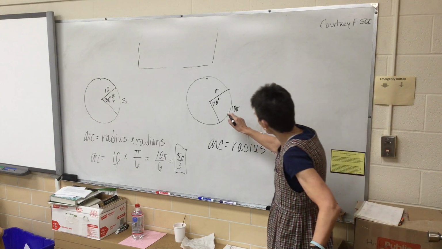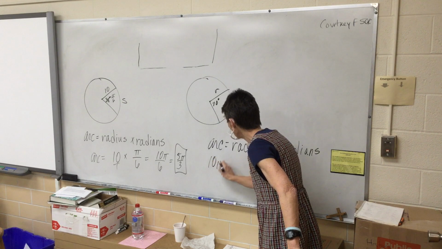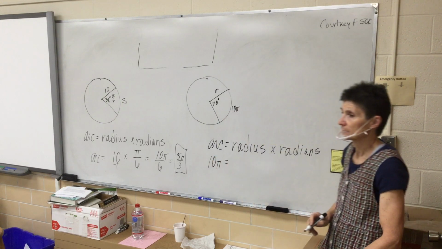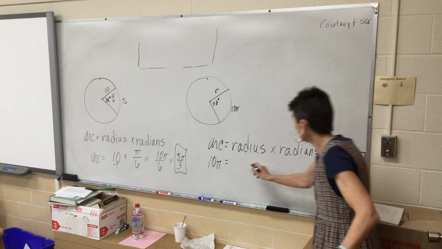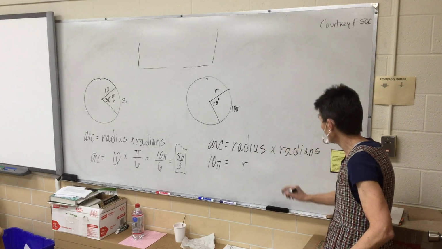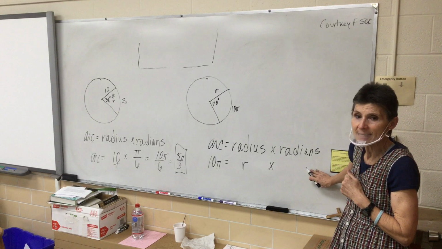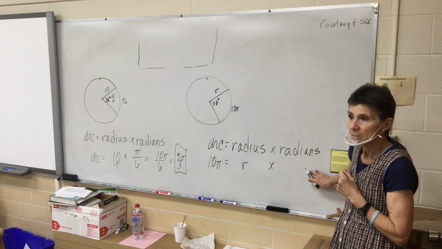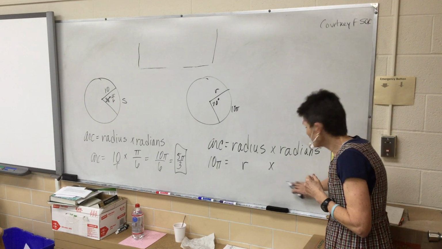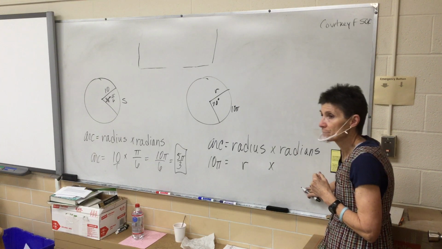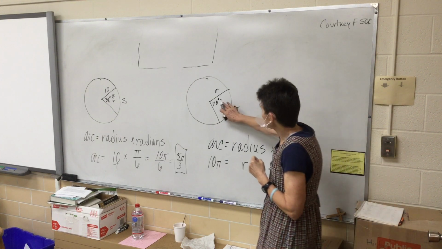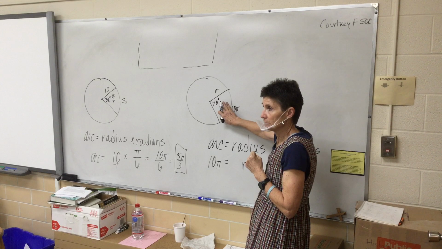And we know the arc length is 10 pi. We have no idea what the radius is, so I'll just call it R. And I have an angle, but it's not a radian angle. So I'm going to have to figure out what to write here by changing this into a radian angle.